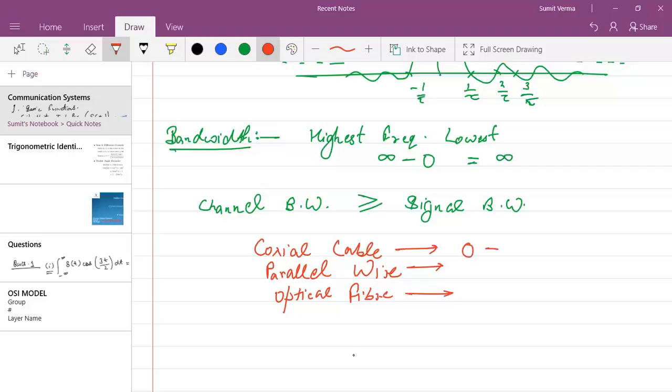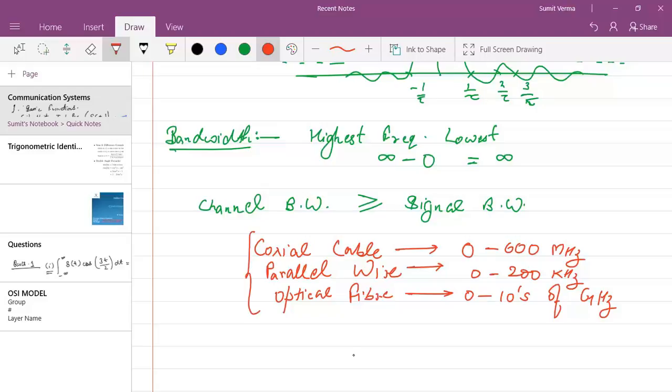Coaxial is 0 to 600 megahertz. Parallel wire would be 0 to at least 200 kilohertz only. And optical fiber has the maximum bandwidth, that is why it is the fastest. It is tens of gigahertz. So you can go from 0 to tens of gigahertz.